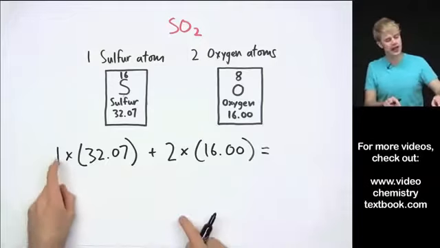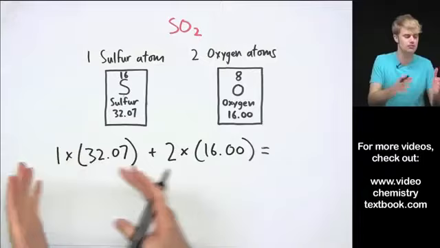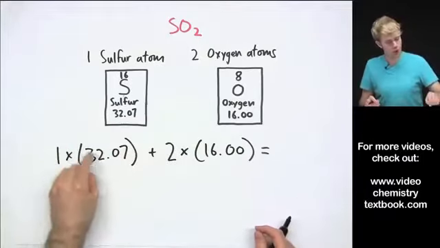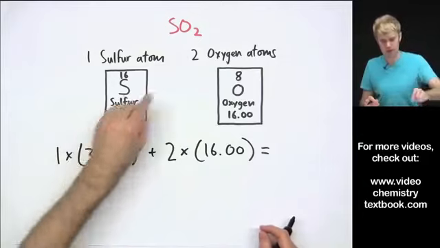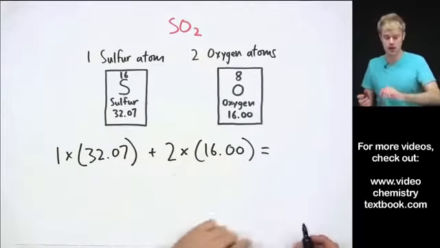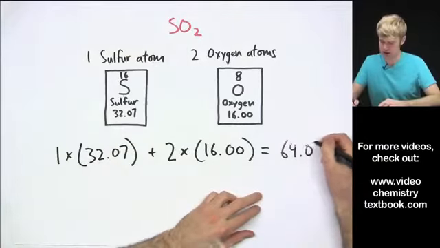Now, you don't really have to do the 1 here because I only have one sulfur, but I just like to do it because I think it makes things more consistent and a little easier. So 1 times the weight of sulfur plus 2 times the weight of oxygen gives us 64.07.